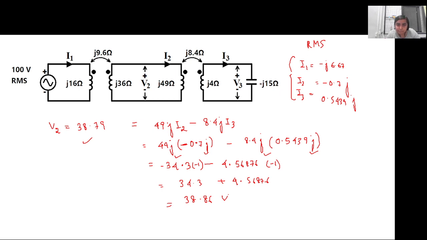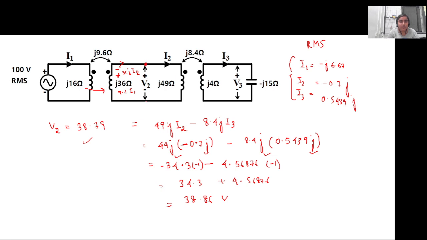Ma'am, can we take the sources on the left hand side? Yes, you can do this also. Both ways it will be the same value. In this case, the current is leaving in this direction, so there will be a self inductance, which is 36j I1. Just take the self inductance of this coil and the mutual inductance because of coil 1, so it will be I1 into the mutual inductance, 9.6.